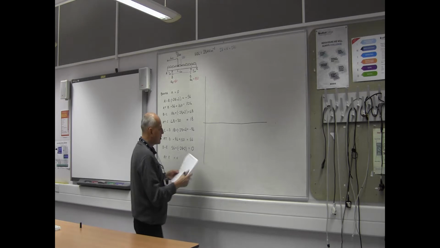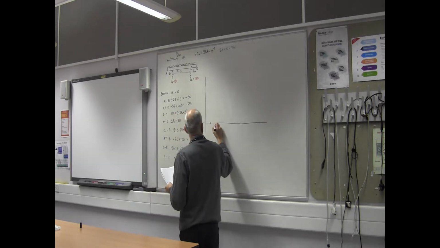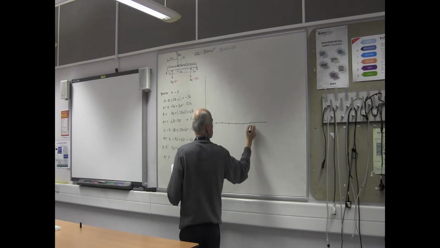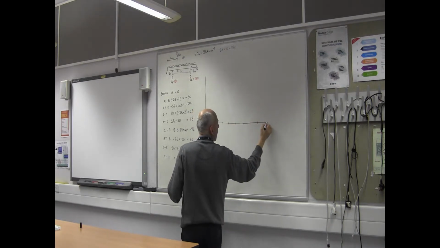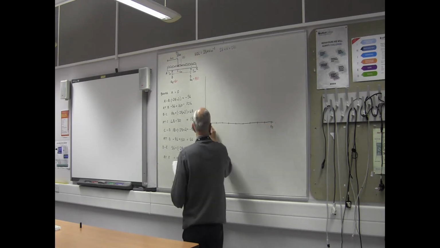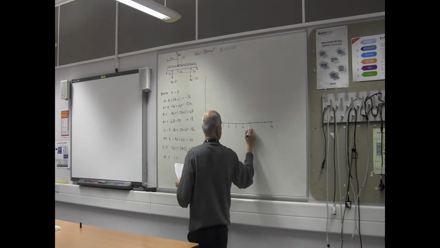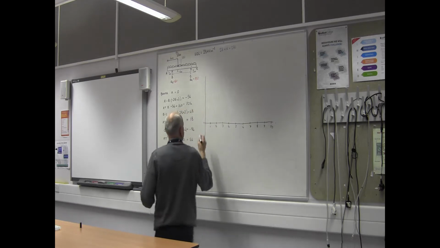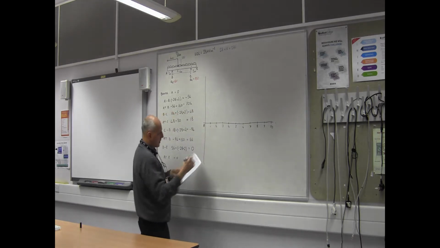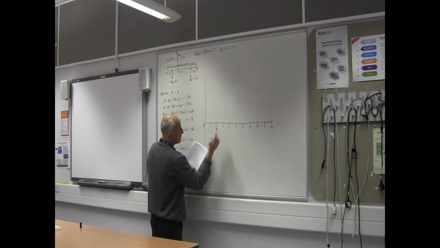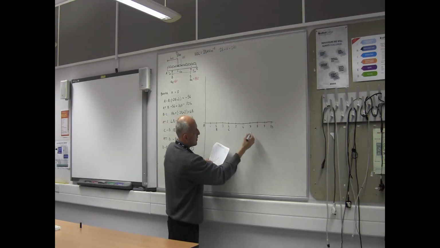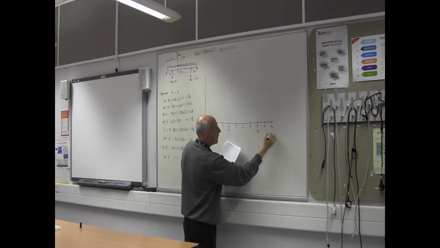So this is divided into 10. 1, 2, 3, 4, 5, 6, 7, 8, 9, 10. Where you've got them labelled, this is A, this would be my B, then we have my C, and then my D would be here, and then my E.